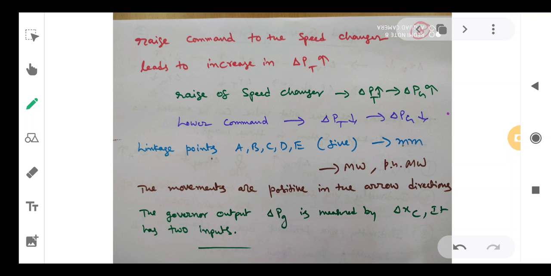A lower command decreases delta Pg with the help of linkage points A, B, C, D. Linkage point movements are in millimeters, mm, and both are related with megawatts variation in the power. Therefore, mm and megawatts are both related, as per unit megawatts.